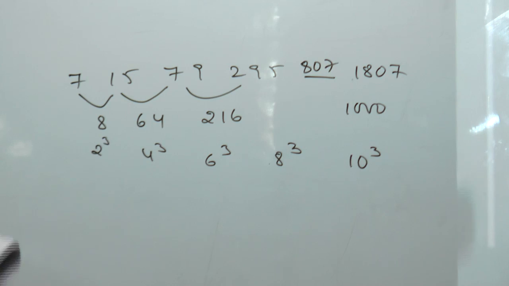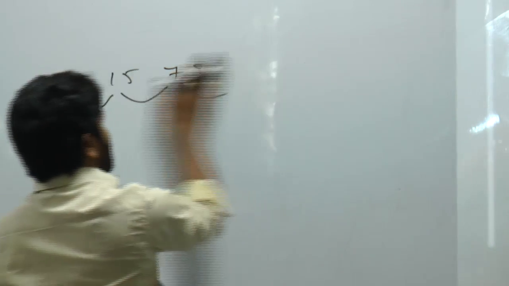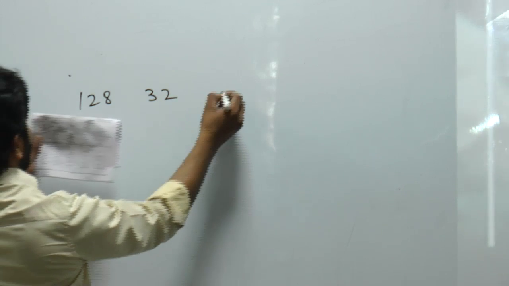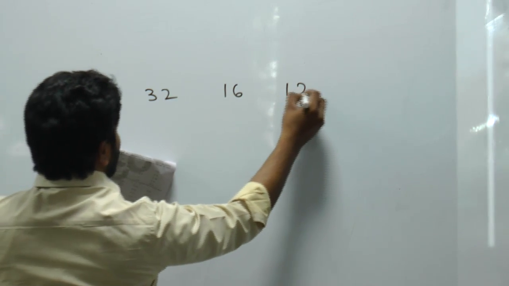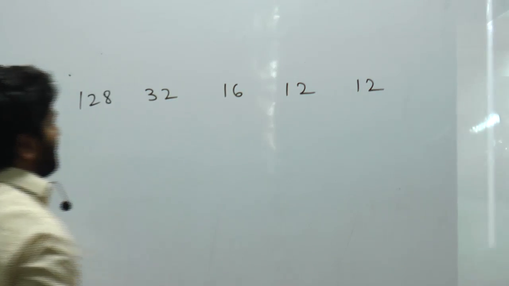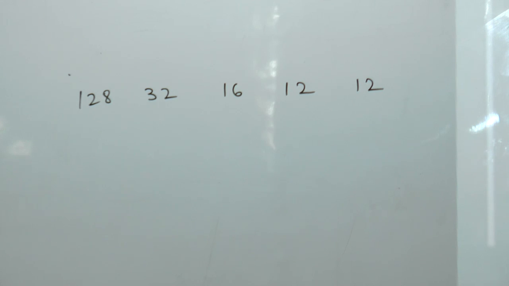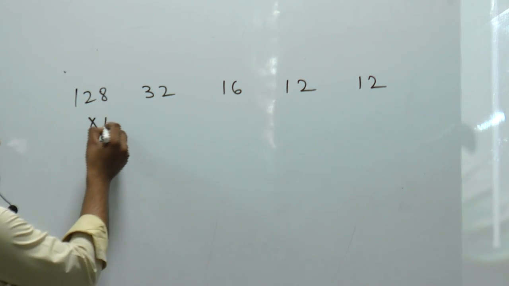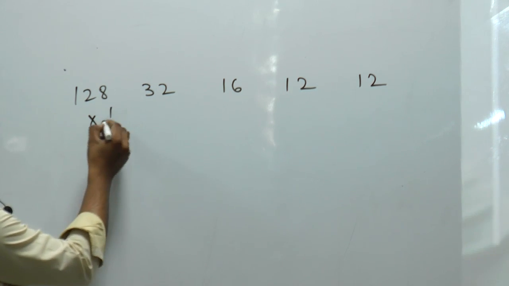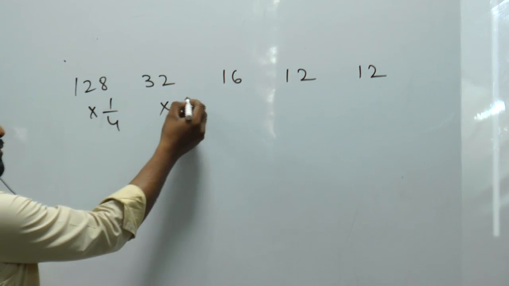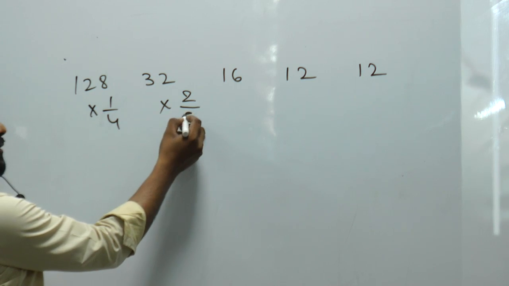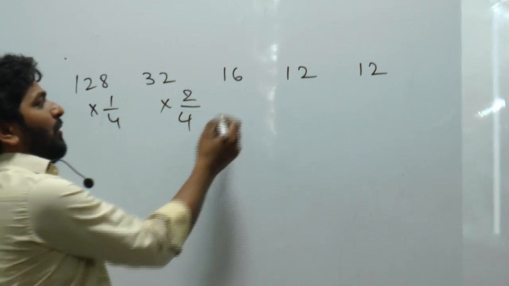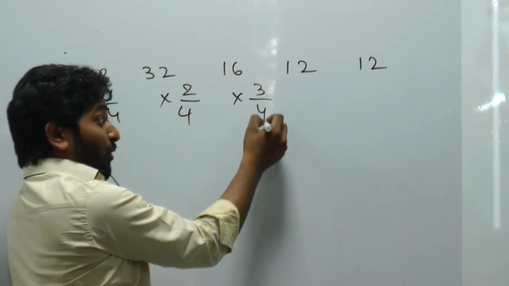Next. 58. What is this? 128, 32, 16, 12, 12. So this is into 1 by 4, very clear. This is into 2 by 4. Don't write it as half. Into 2 by 4. This is into 3 by 4.